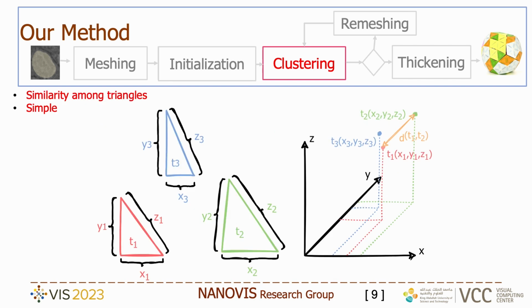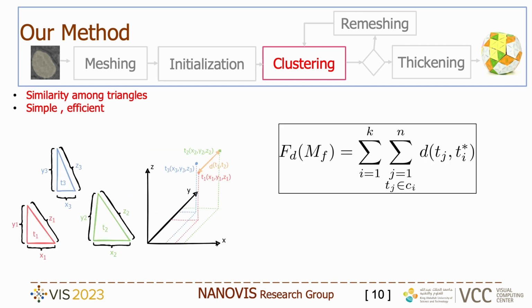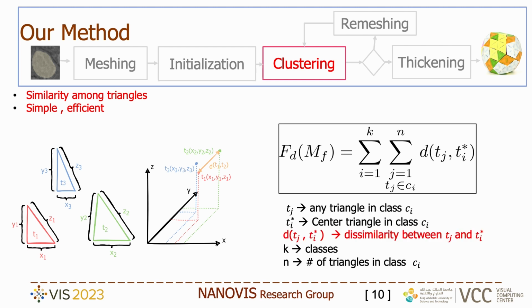In this way, all the triangles are mapped into a 3D space where the distance between 2 points indicates the degree of dissimilarity between the corresponding triangles. It leads us to this equation. The triangles are clustered into k classes, where for each triangle Tj we calculate the degree of dissimilarity from the center triangle Ti* of that cluster.